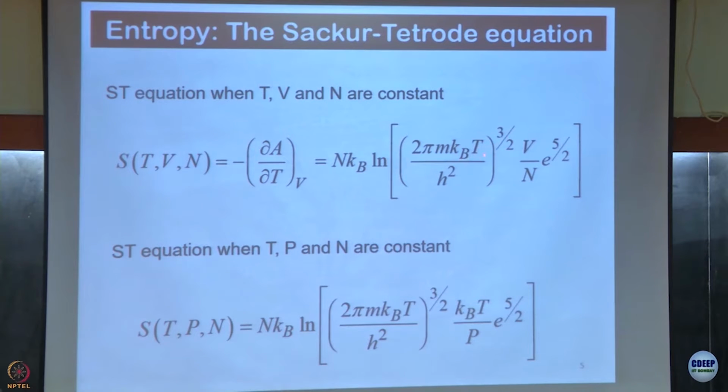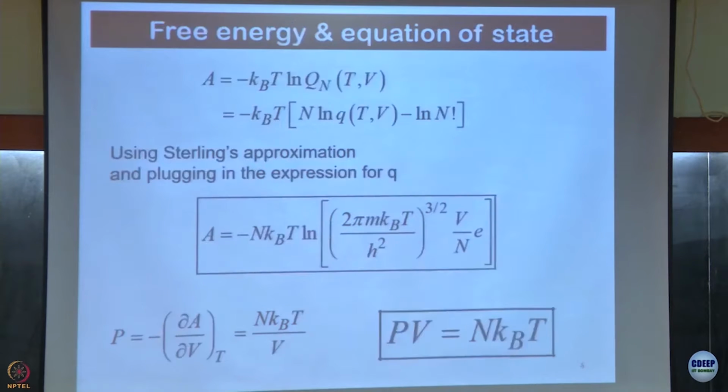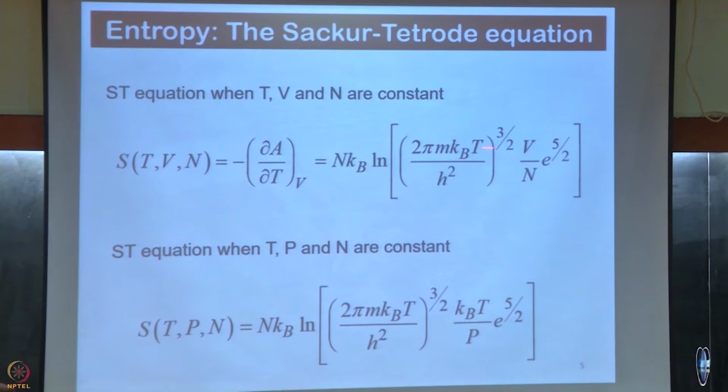So that again becomes 5 by 2, and the ultimate result is 2 pi by, I am not deriving it, it is fairly trivial, but you can do it because it is just ordinary derivation. So this quantity is the expression of entropy of an ideal gas, which plays a very important role, as we will show right now, and is called the Sackur-Tetrode equation.